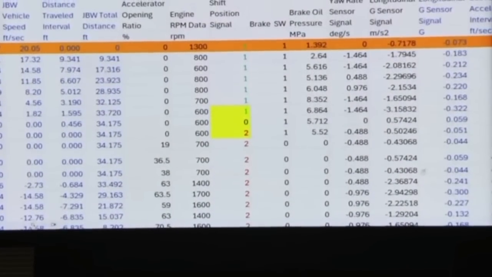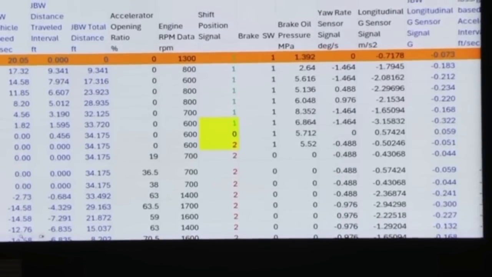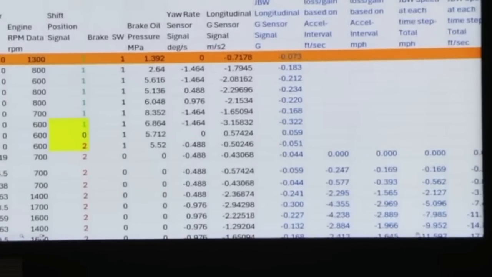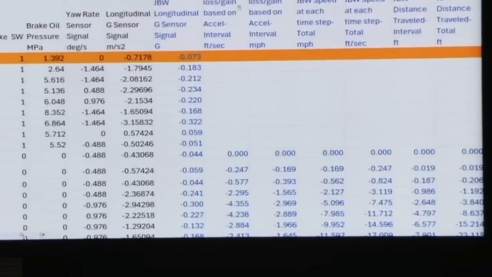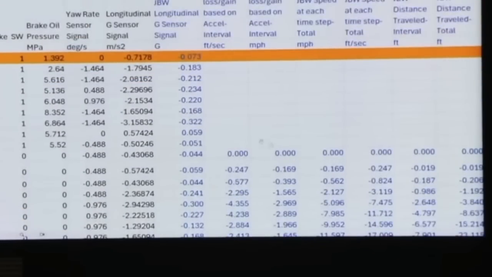I've highlighted a shift from drive to neutral to reverse. I'm sorry, you're going to need to zoom that in so we can see it. Absolutely. We have information on the brake switch, brake oil pressure. We have the acceleration data here. And then from that information and using the acceleration data, calculating the speed at which it's backing up.